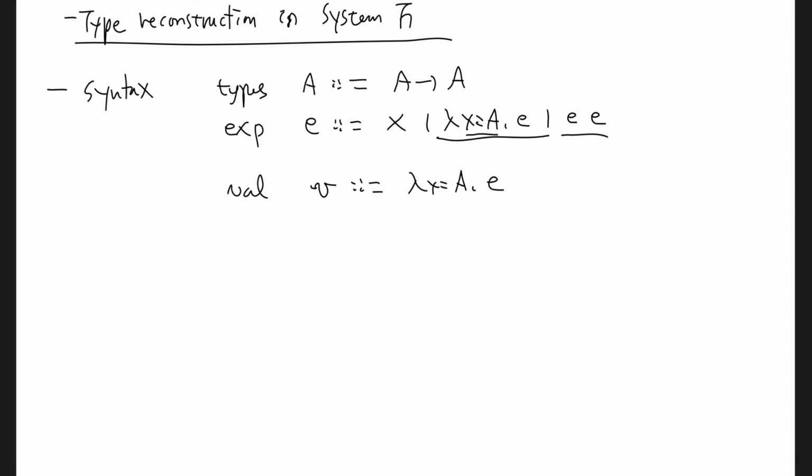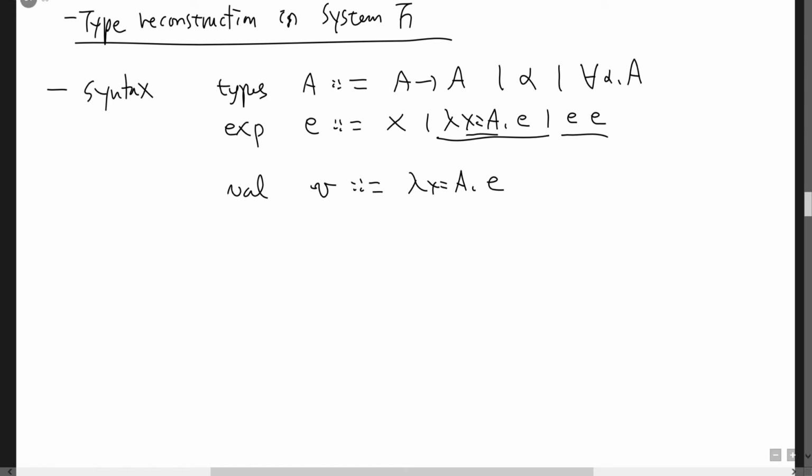Now, new to System F is type variable alpha and polymorphic type, this for all alpha A. And in the expression, we have two new components, which is type abstraction, capital lambda alpha E, which introduces new type variable, and type application, expression E applied to type A. And this type abstraction is also counted as a value.